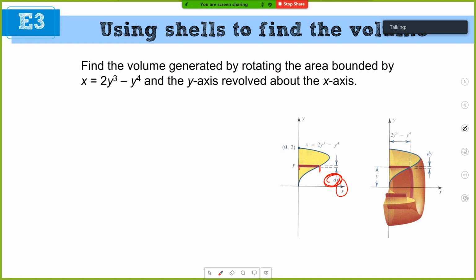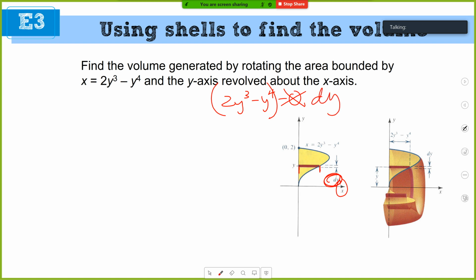Right minus left. So 2y cubed minus y to the fourth minus 0. Staying with that whole right minus left thing. But you're all smart enough to realize that we don't need that. Now, why do I keep doing that? Because if it's not something pretty like one of the axes, you have to be able to do that. Okay, so very good, times dy.